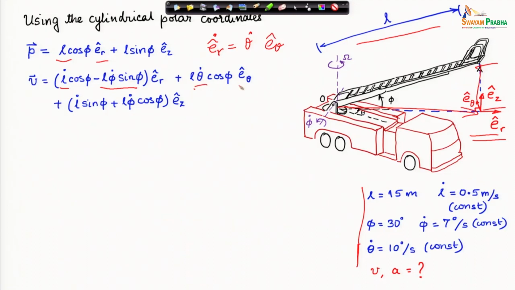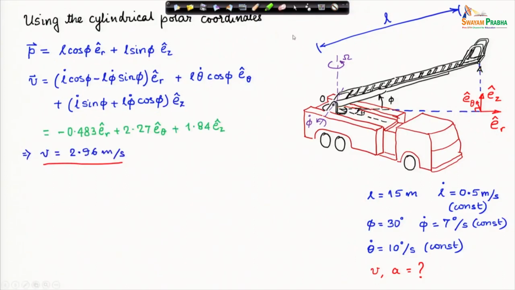So, that is what I have used here. Then the second term, if you differentiate, gives L dot sin phi plus L phi dot cos phi times e_z. There is no derivative of e_z, e_z dot is 0. So, this is where we stop for the velocity. Once I plug in the values, I get this expression, and the magnitude of the velocity is 2.96 meters per second, which you can check.